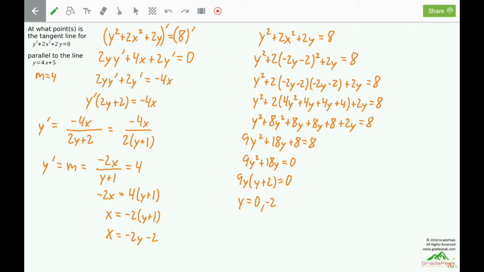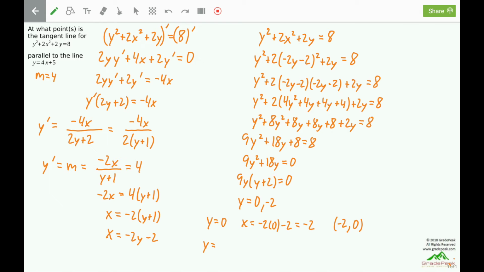We want to find the corresponding x-coordinates to each of these. We want the points. But let's remember that x and y are related by our original relation that we found by making the slope equal to 4 in the first place. So each of those y's will have a corresponding x. So y equals 0 will give us an x that equals negative 2 times 0 minus 2. Well, negative 2 times 0 is 0, and then minus 2 is negative 2. So we have an x-coordinate of negative 2 paired with the y-coordinate of 0.